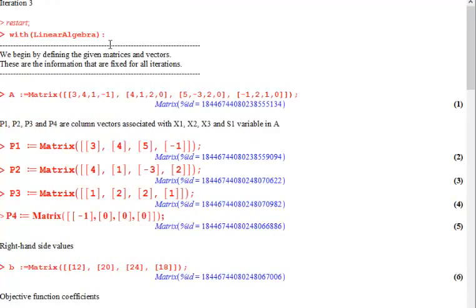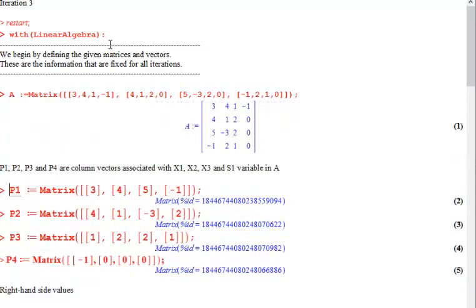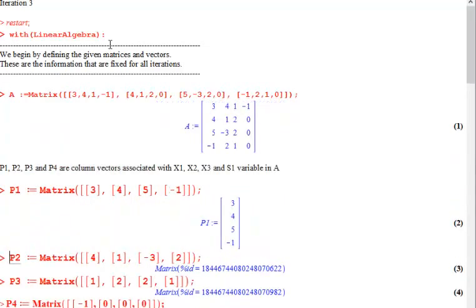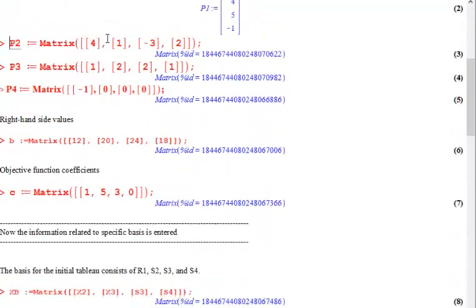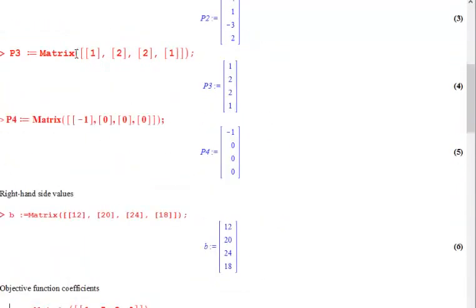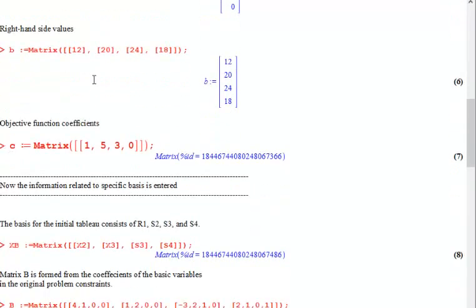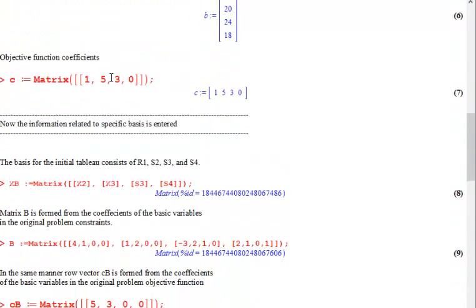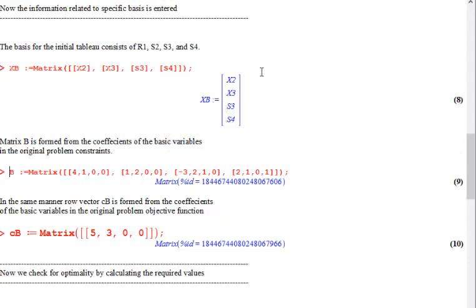Here is the same document, except I'm going to replace the new variable with the old variable. Those are A, B, P1, P2, P3, and P4. Right hand side, C matrix, and now my basis is going to be X2, X3. Remember, this X3 is replacing S2.